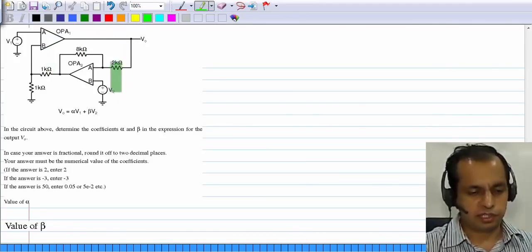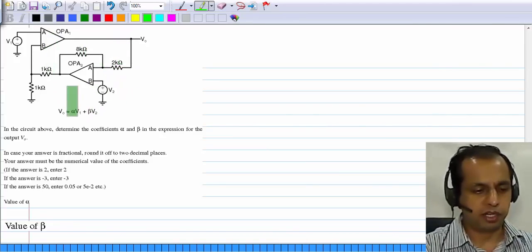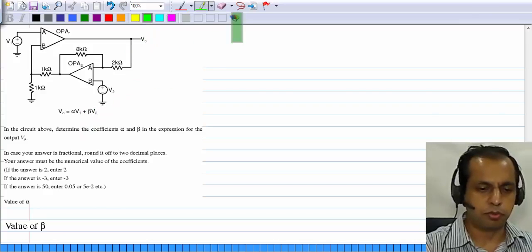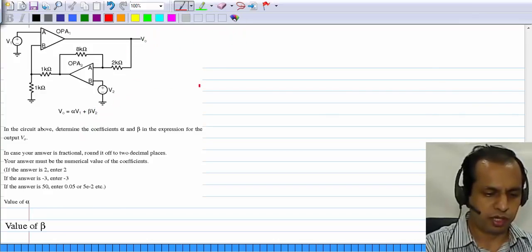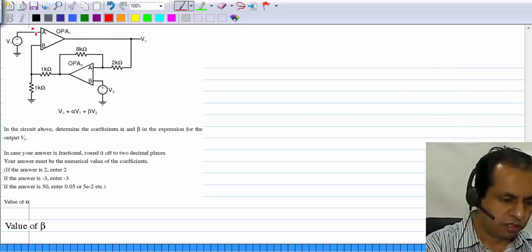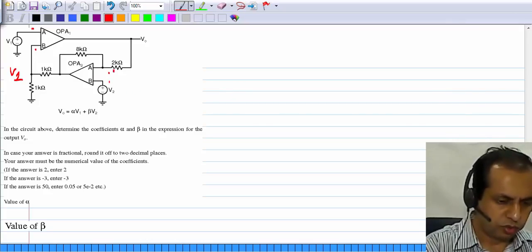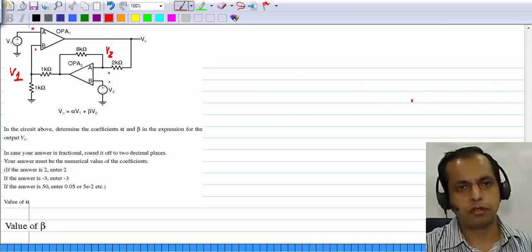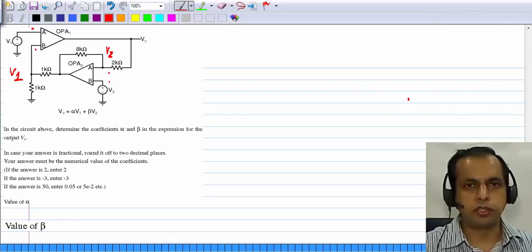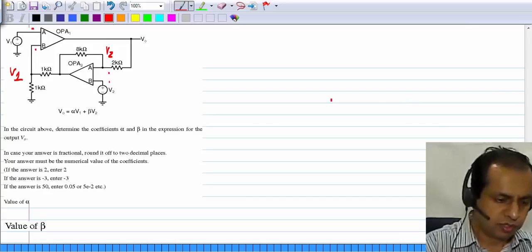Now in this case, assuming that the op-amps are ideal, you are supposed to find the output voltage V0. How do you do that? If the op-amps are ideal, these two are virtually shorted, so this voltage is V1, and these two are virtually shorted, so this voltage is V2. Then you write Kirchhoff's laws at the op-amp inputs.